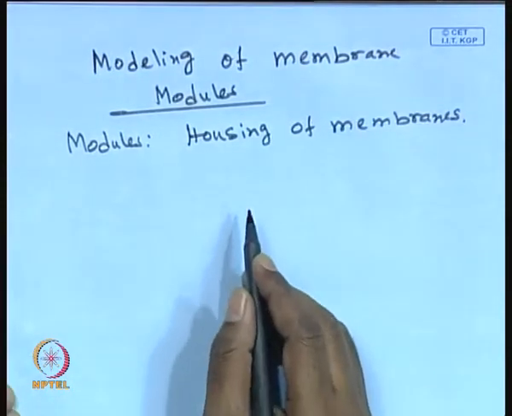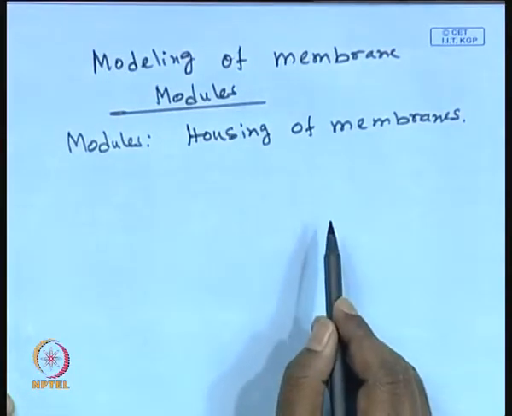Now, when you talk to any industry person, they will always say, okay, you are talking about the membrane separation system, it becomes very costly. The point is, membranes are not very costly. One square feet of a good membrane is only about 70 or 80 rupees, or let us say around 100 rupees in India. In fact, that is a very good quality membrane. But the point is, the housing of the membrane becomes very costly, and that is where the modules come in.